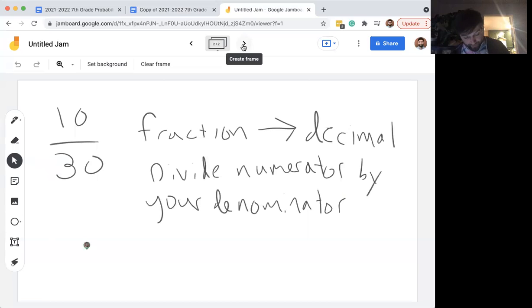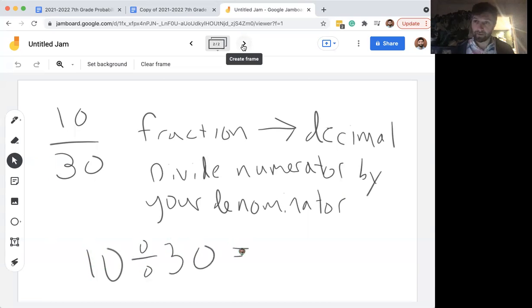So I would do 10 divided by 30, and then on the exam, you can use a calculator for this. It's going to equal 0.333 on forever, 3's forever, which we can indicate by putting a line over them.